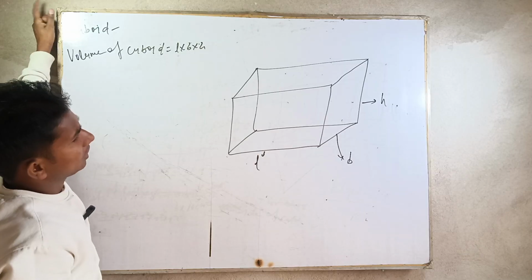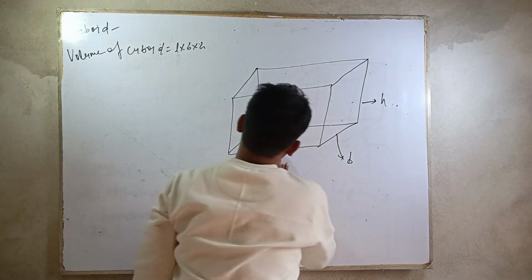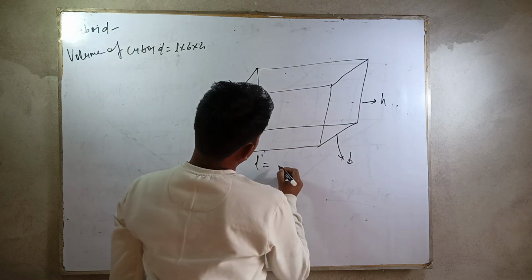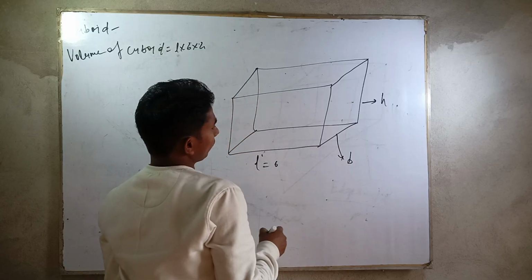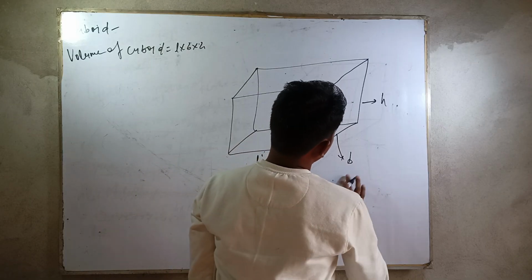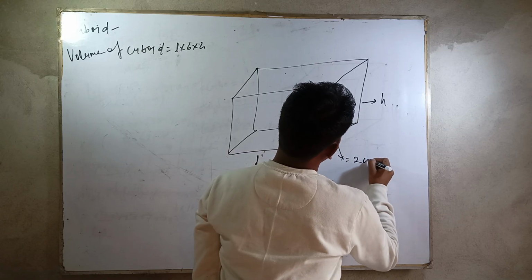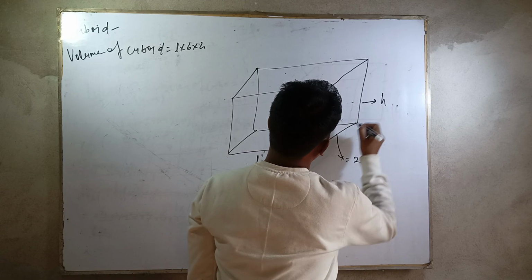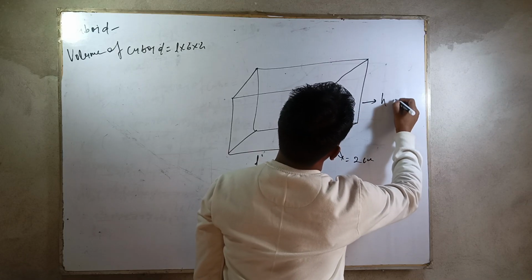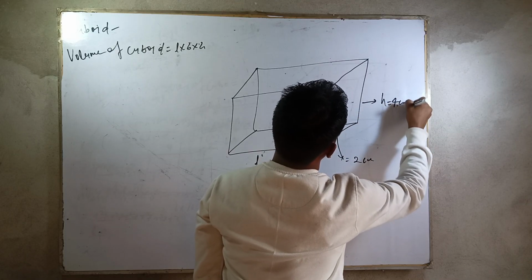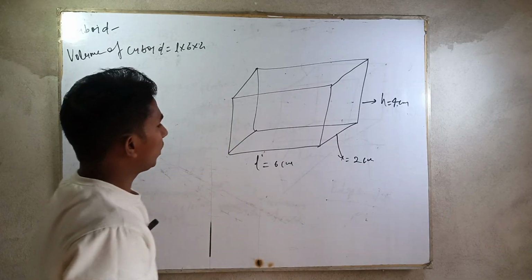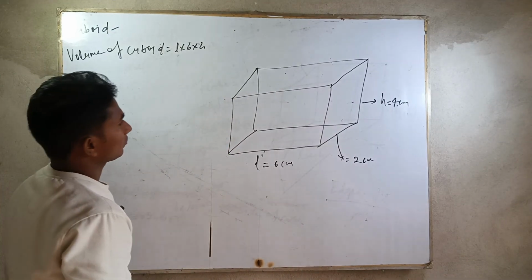If length is given as 6 centimeter, breadth is given as 2 centimeter, and height is given as 4 centimeter, then what will be the volume of this cuboid?